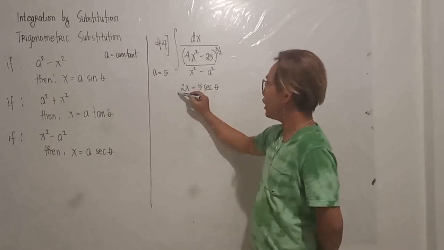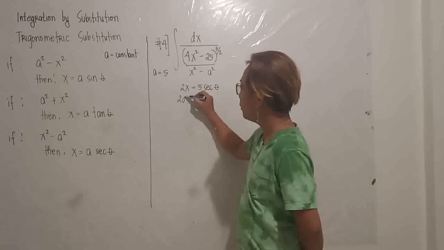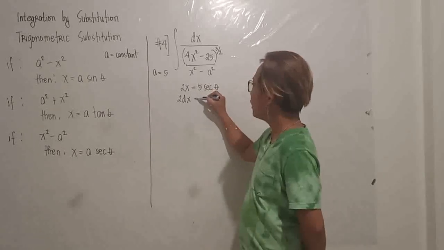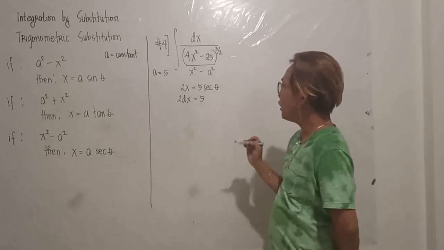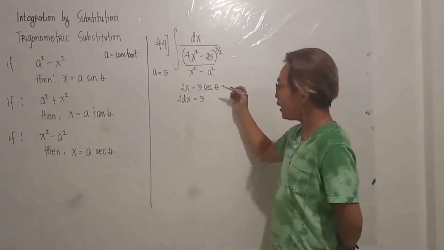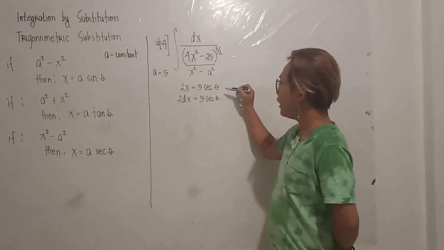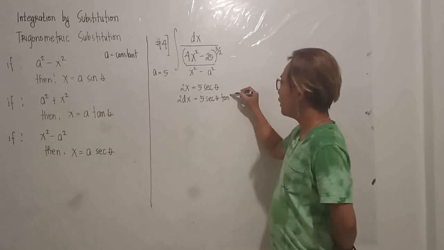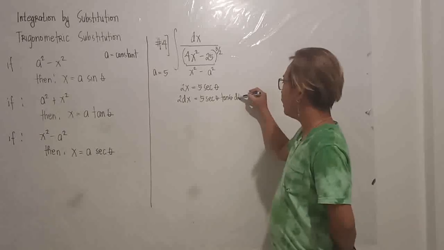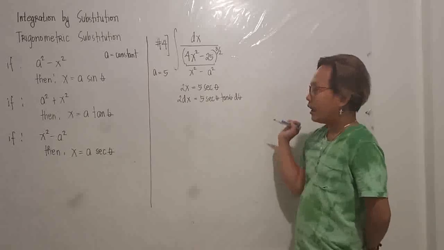Then you will have to set the derivative of this equation. So this is 2 dx, then 5. The derivative of your secant is secant theta, so you will have secant theta, then tangent theta, d theta. So the derivative of your secant theta is secant tangent.